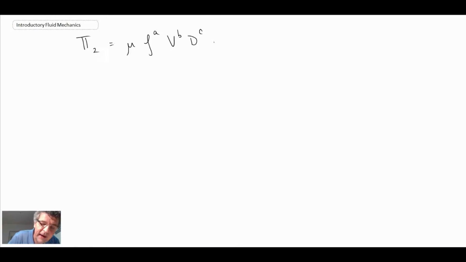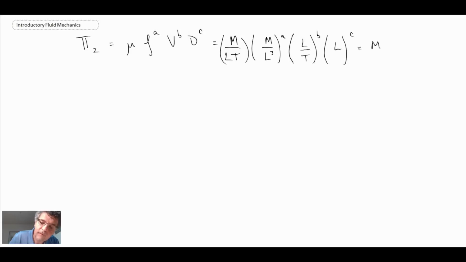So let's expand that out. Okay, and we equate that to all of those raised to the 0 on the right-hand side.